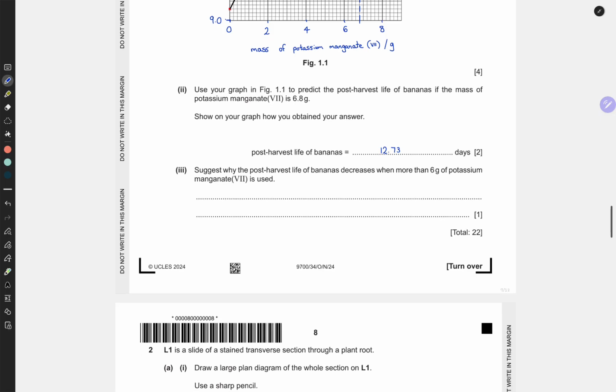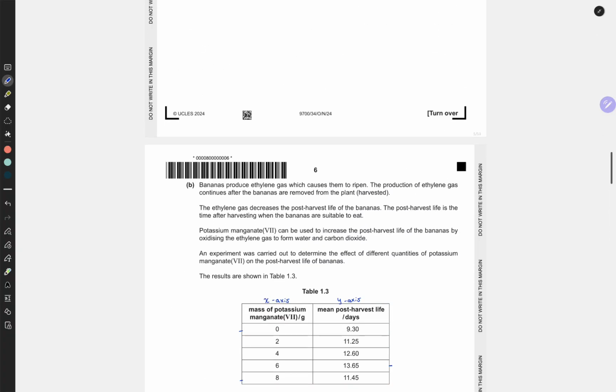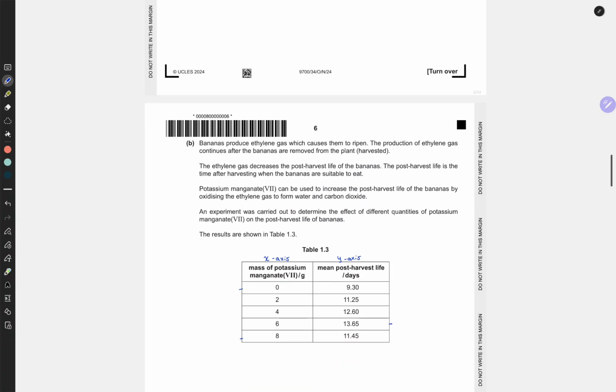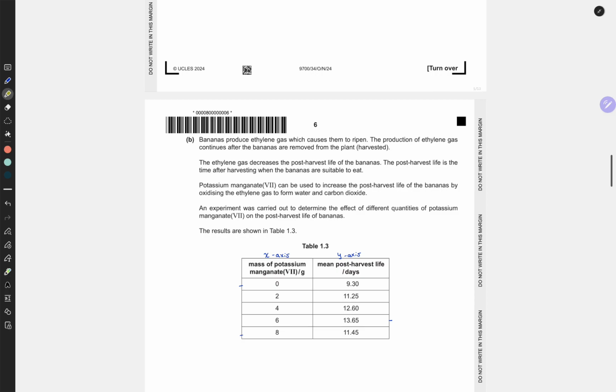Suggest why the post-harvest life of bananas decreases when more than 6 grams of potassium manganate is used. For this question, sometimes it will be given to you in a paragraph, which indicates that when potassium manganate is used, it oxidizes the ethylene gas to form water and carbon dioxide.